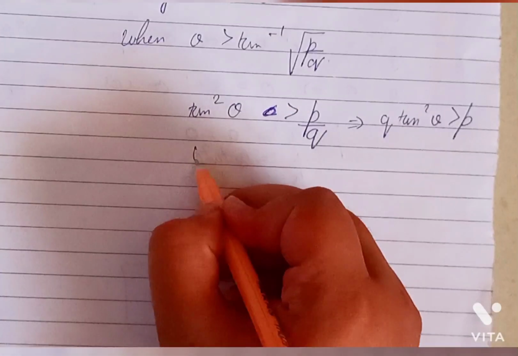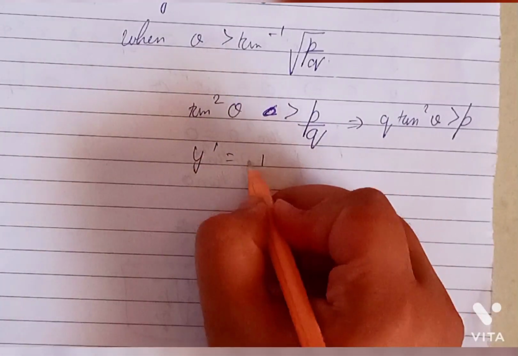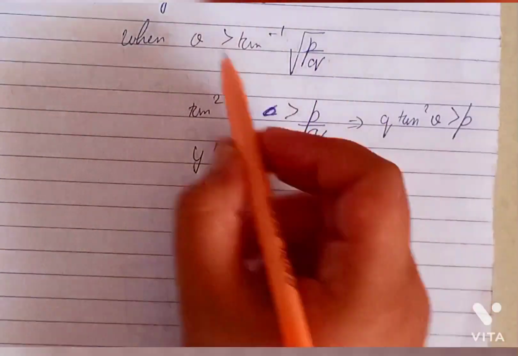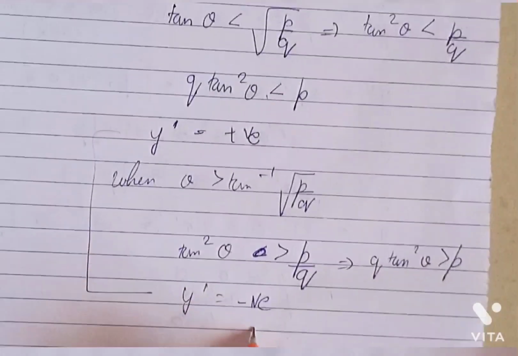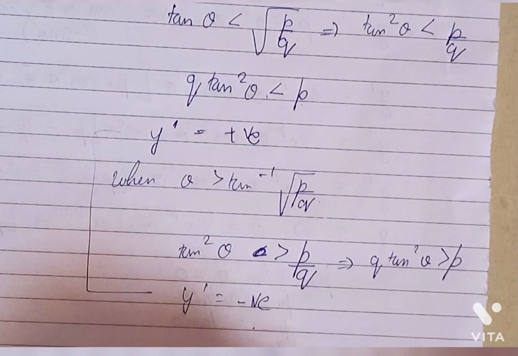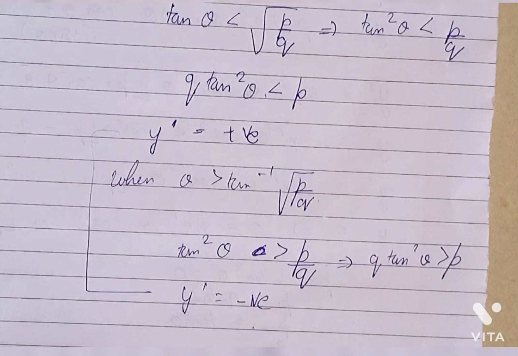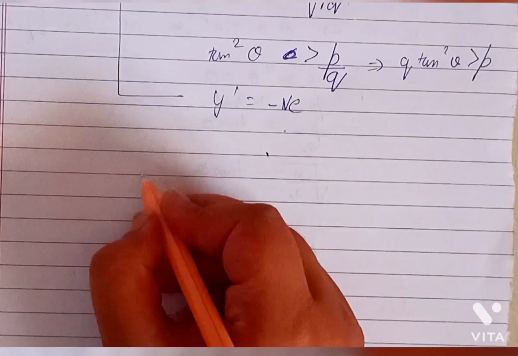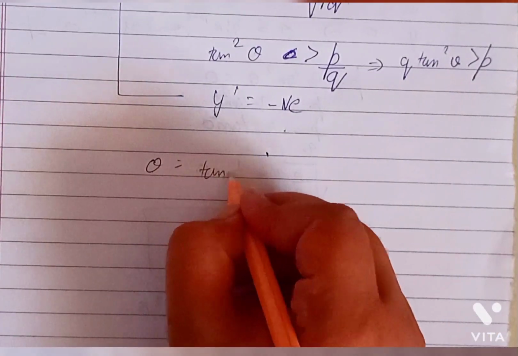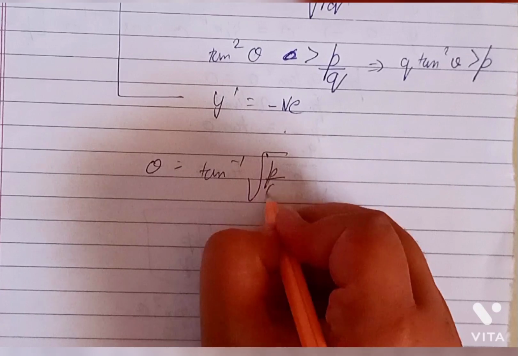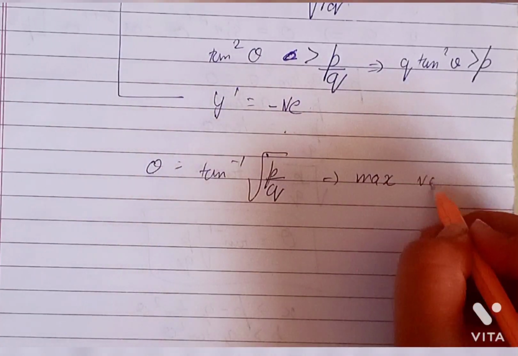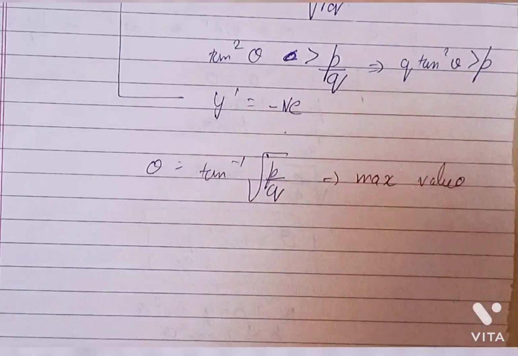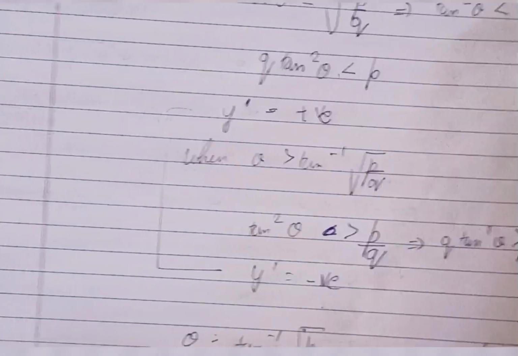Right. So our y dash will be negative. So we could see a change from positive to negative, which means it's a maximum point. So at theta equals tan inverse under root p by q, we attain a maximum value. So from this we got our answer.